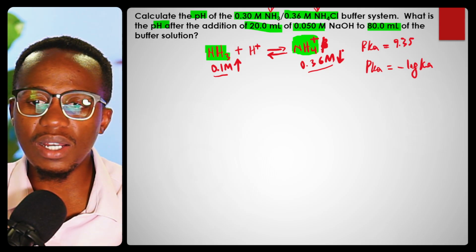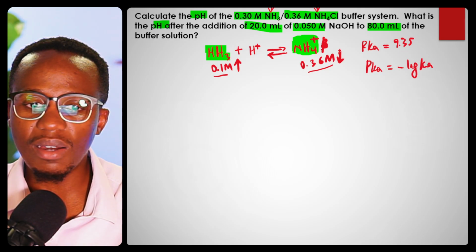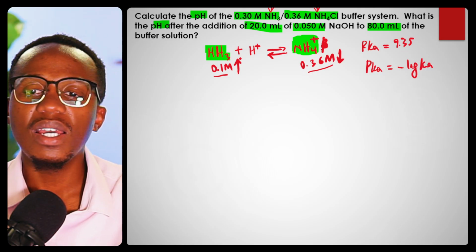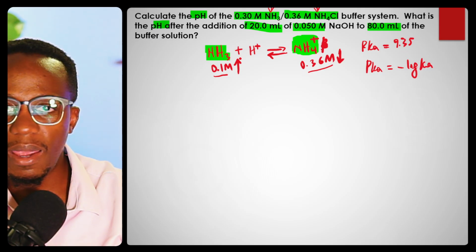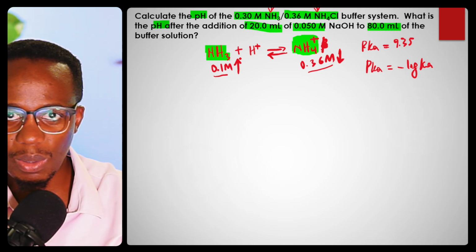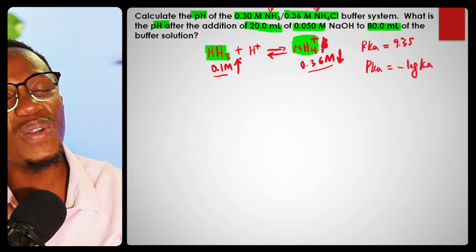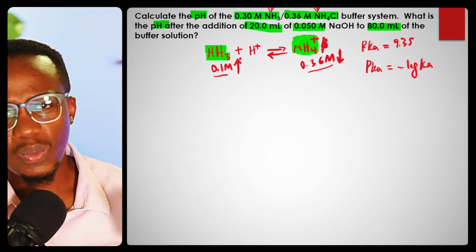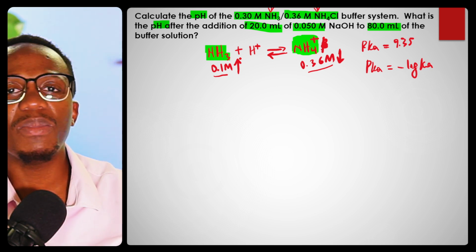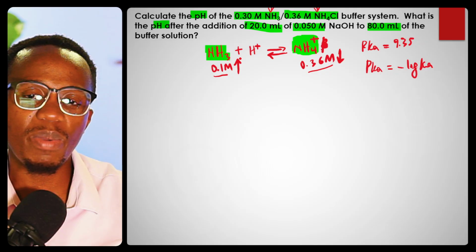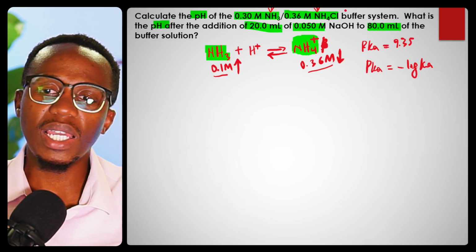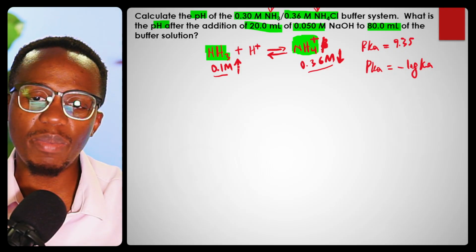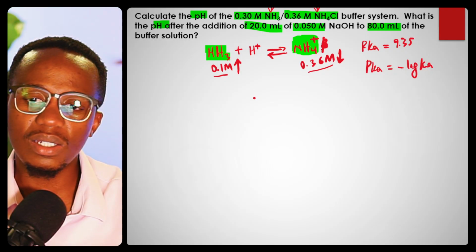So now I know that this molarity is going to go down, this molarity is going to go up, right? So a rule of thumb is when you add a base to a buffer system, the base entity goes up. When you add an acid to a buffer system, the acid entity goes up and the base goes down, all right? So again, you add NaOH, that means the NaOH is a base, so the base entity goes up, the acid goes down.